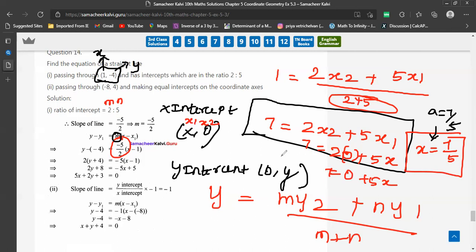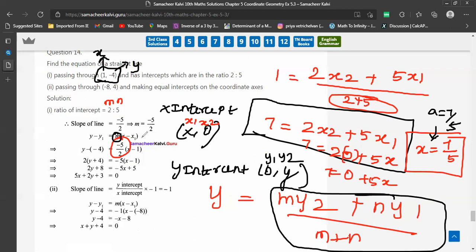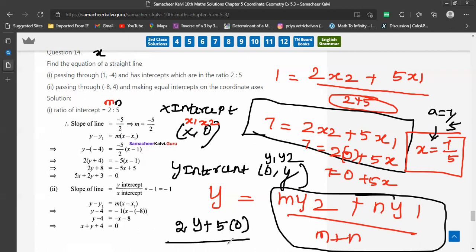Similarly, if you substitute this as y1 and y2 in this, the value of m is 2 and n is 5. So it will be 2 into y plus n into y1. What is n? N is 5 and y1 is 0, upon m plus n. M plus n means it will become 7.